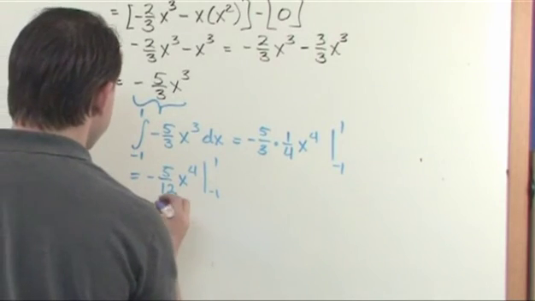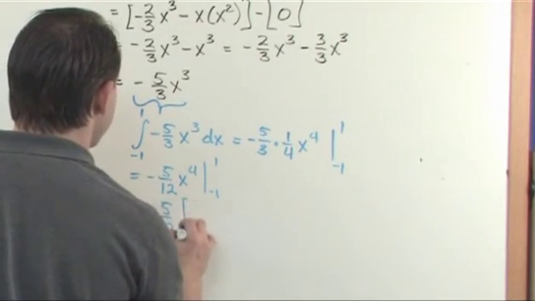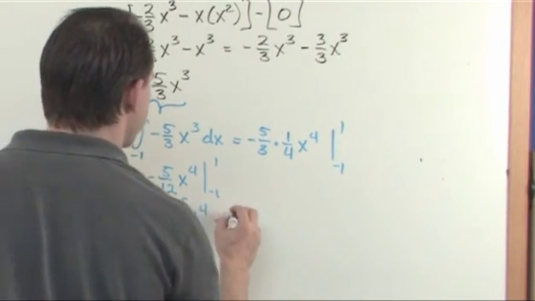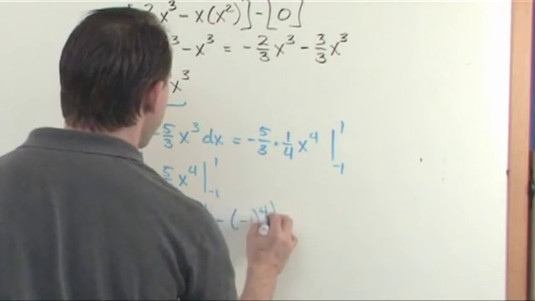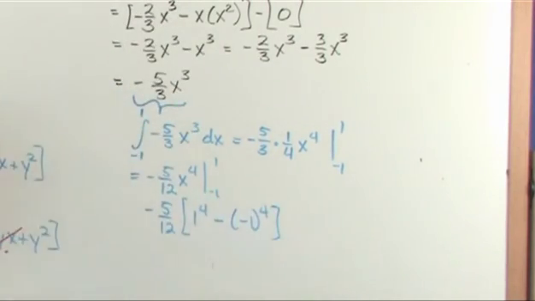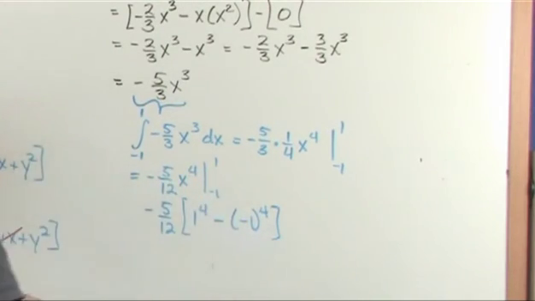And so what I'm actually going to have here is negative 5/12 times 1 to the 4th power minus negative 1 to the 4th power. So what I've done is I've taken this top thing and plugged it in, and I've taken this bottom thing and plugged it in.